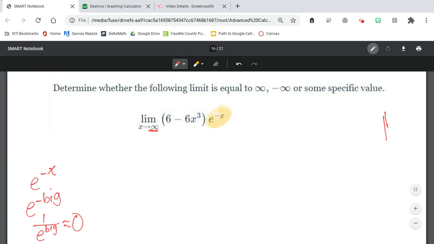So that means that this whole thing, e to the negative x, as the x values get larger and larger, this part right here approaches 0. And since I'm multiplying 6 minus 6x cubed times 0, anything times 0 equals 0. So the limit as x approaches infinity of 6 minus 6x cubed times e to the negative x is 0.